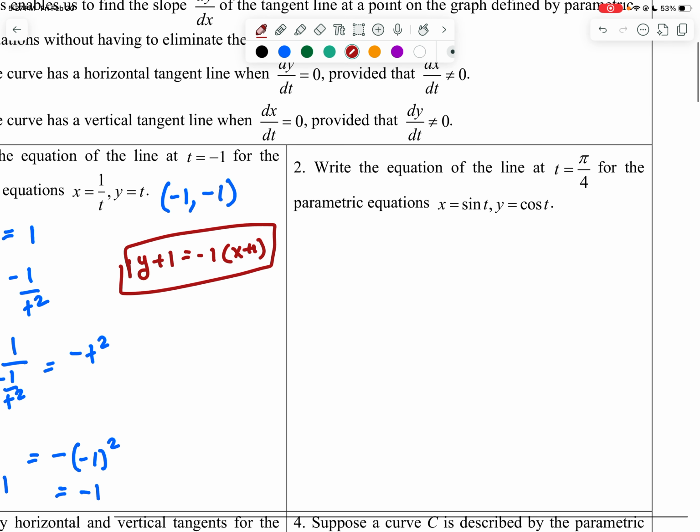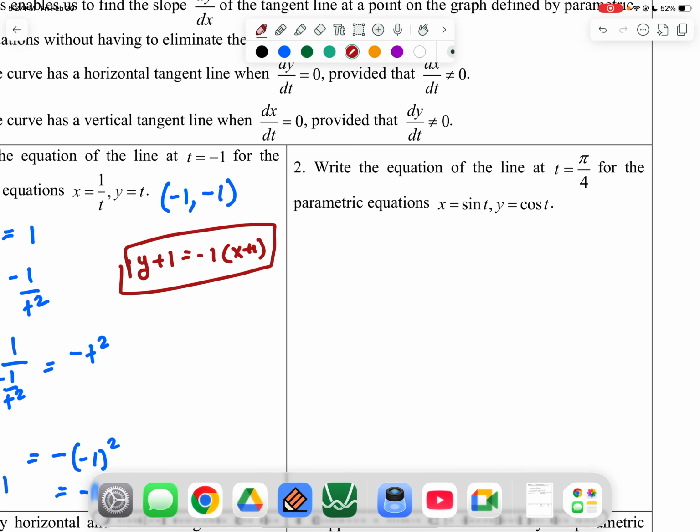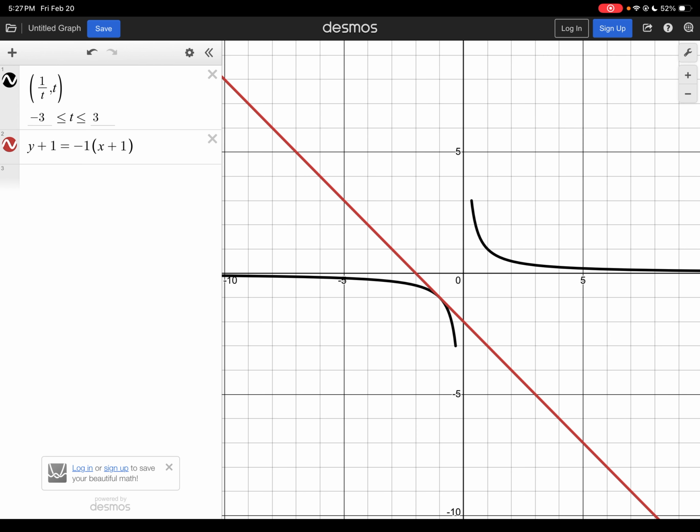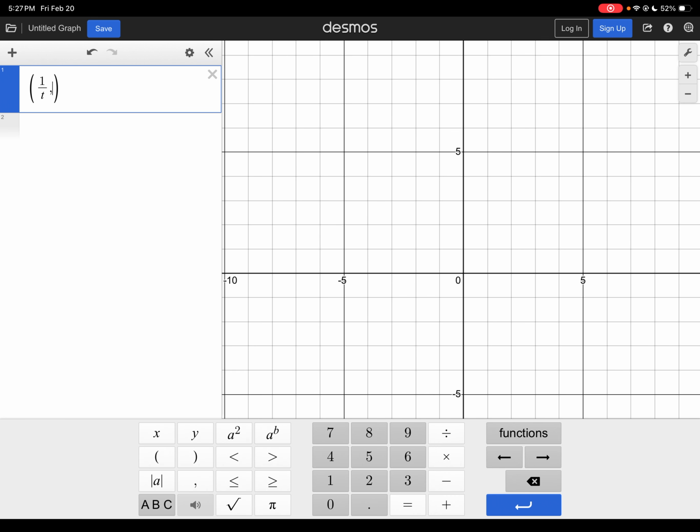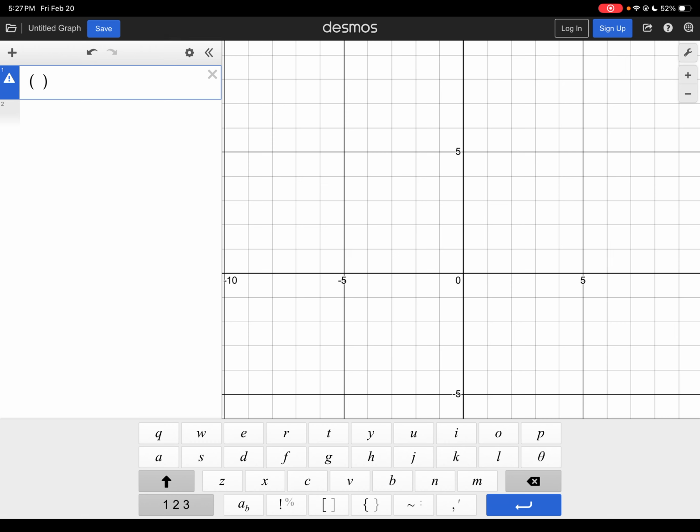We're going to do the same thing for number 2, where t is equal to pi over 4, and we have the parametric equations of sine t, and then cosine t. Now, this one is another one where theoretically you should know what the equation looks like, because this is just a circle.